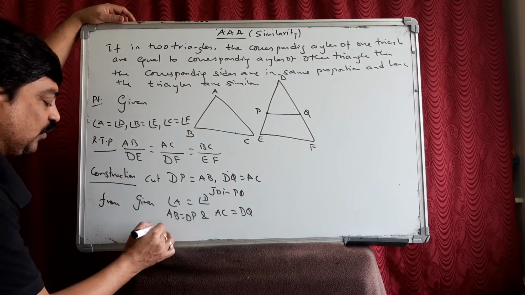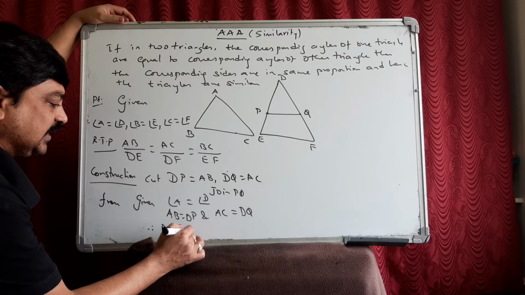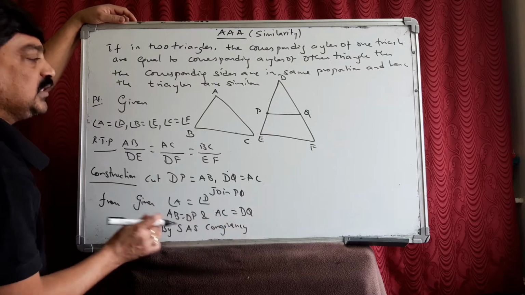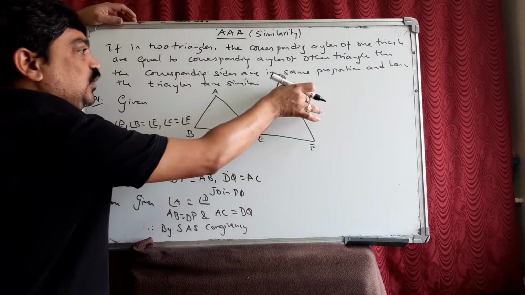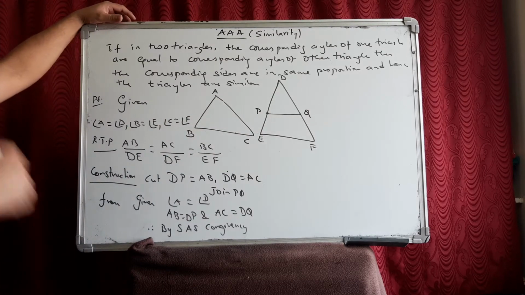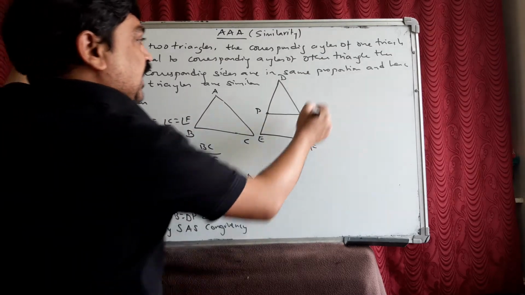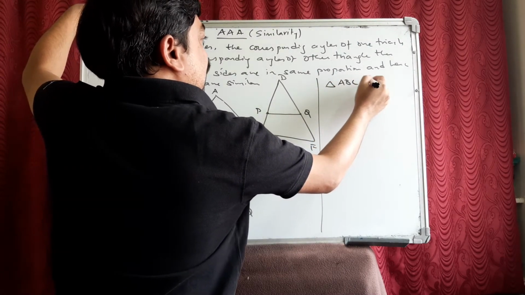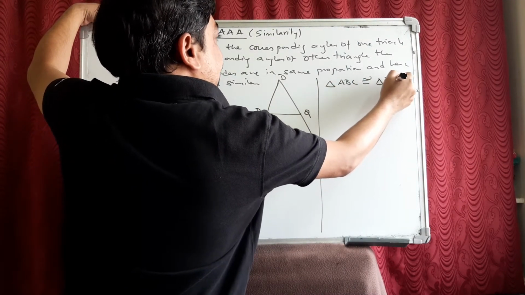Now, therefore, by SAS congruency, see, these sides are equal and the angle included in between the sides is also equal. By SAS congruency, what you can say is that triangle ABC is congruent to triangle DPQ.